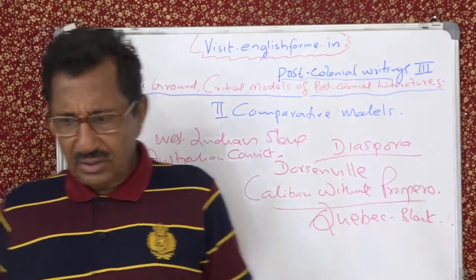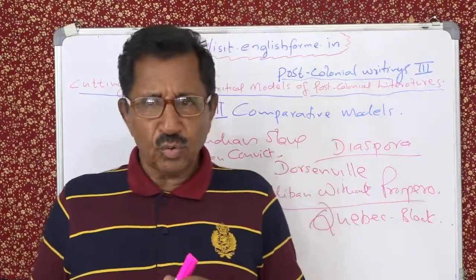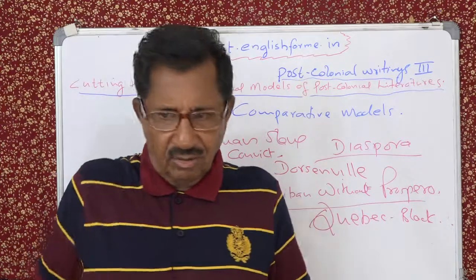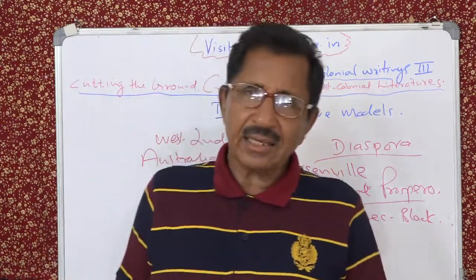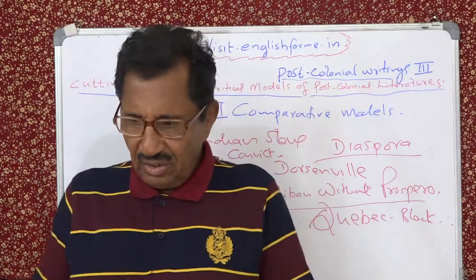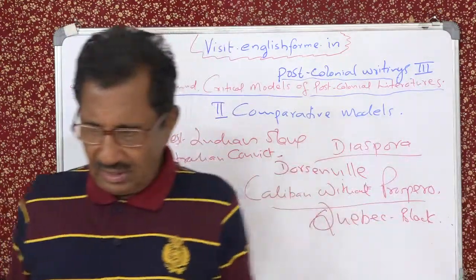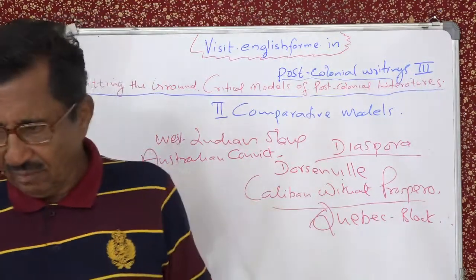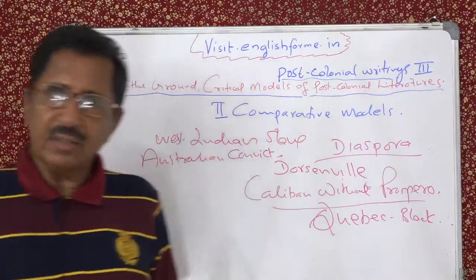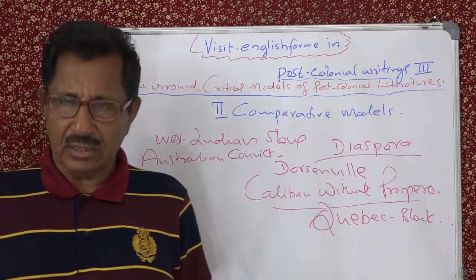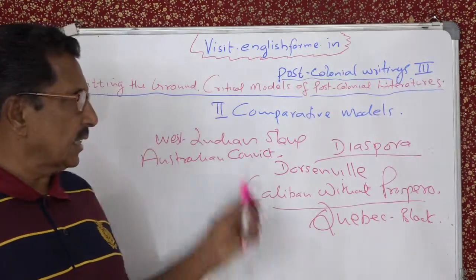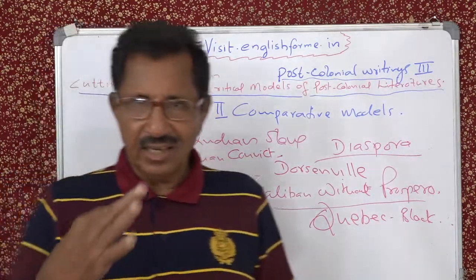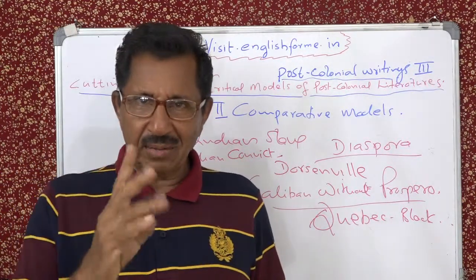Now, in a way, such studies dealing with two or three areas act as a bridge to cover all areas, while you are studying post-colonial literatures. So you have got the second, comparative models. Within the comparative models you have three: black, white, white, black, black, black, white.